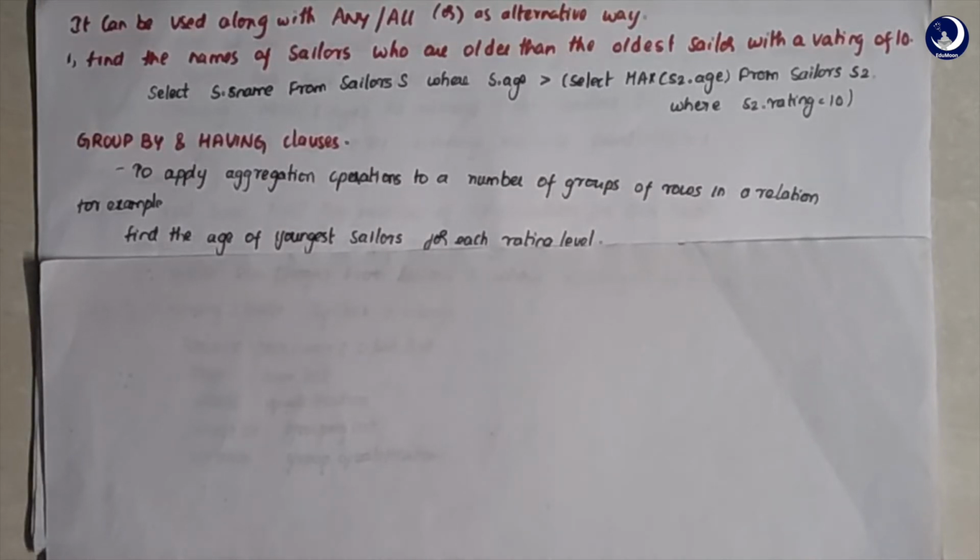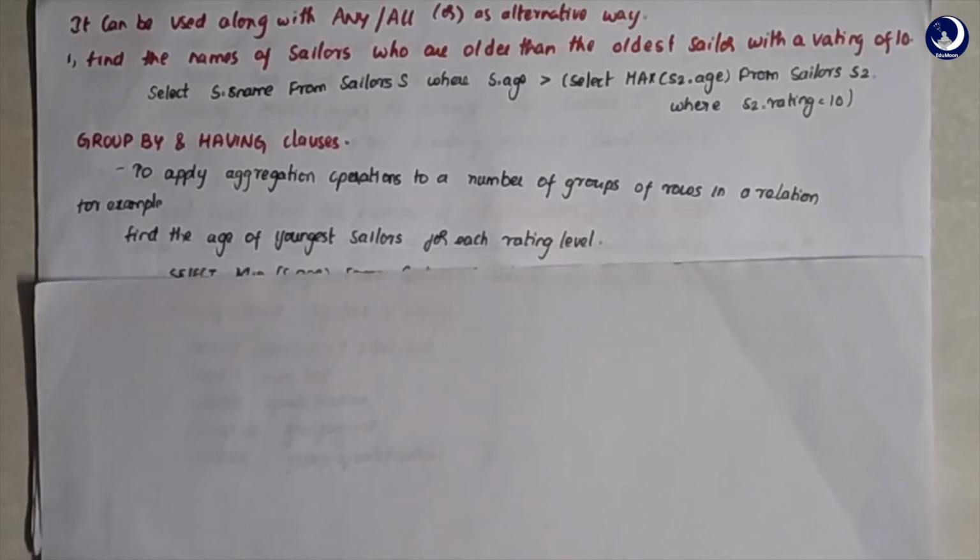Let me explain why we have to use a group by or a having clause. Till now we have performed computation and summarization operations on a collection of rows, but we often require to perform these operations on certain groups. Let me take an example so you can understand better.